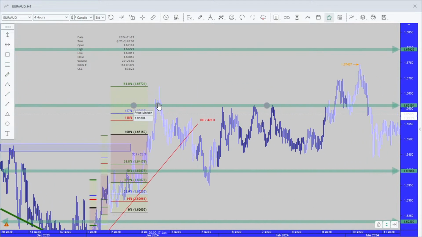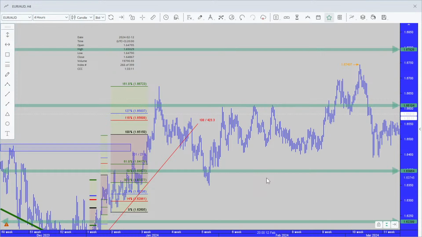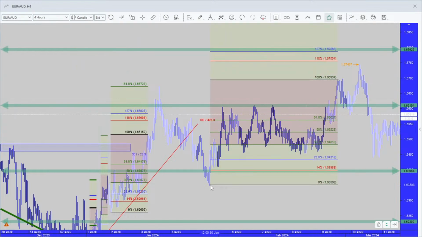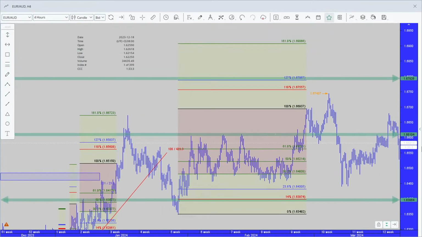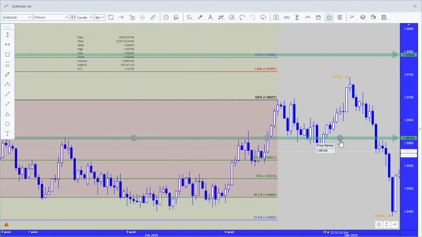And left click. Now it's time for me to save the original Fibonacci. Alright, there you go. So our original Fibonacci goes from here to here. Let me just double check if this is the high. Which one is the high?